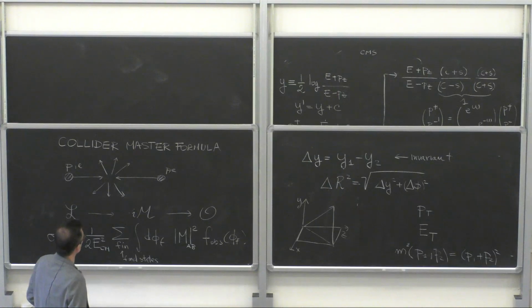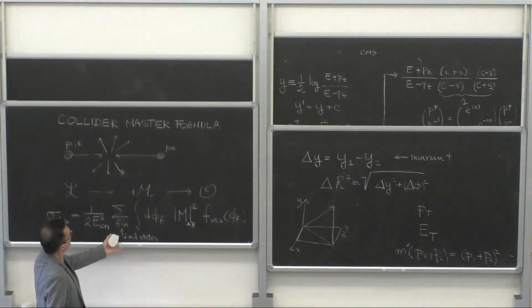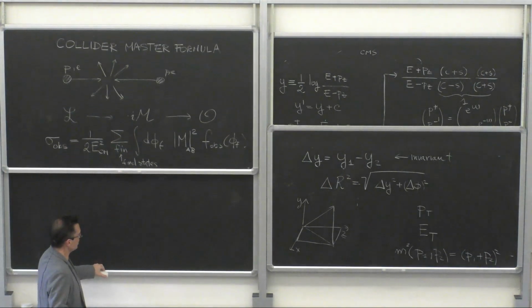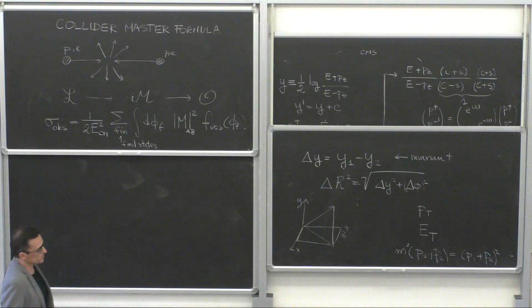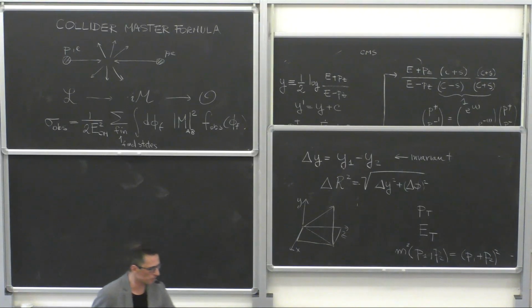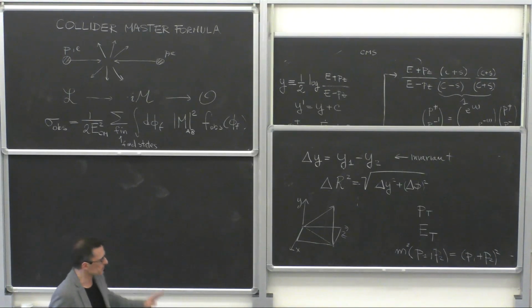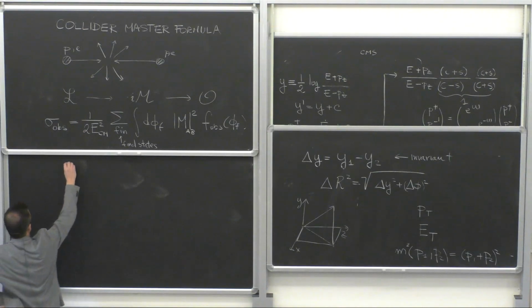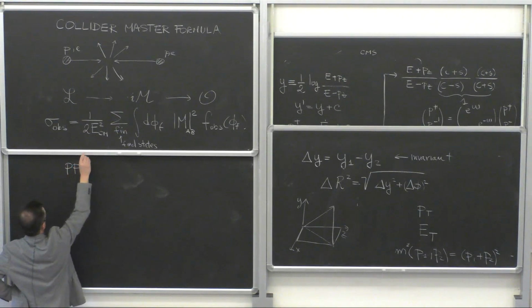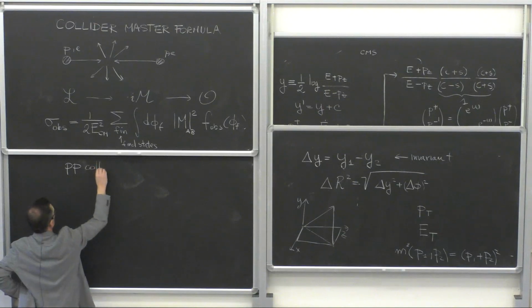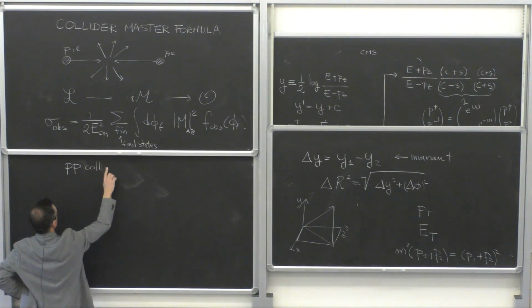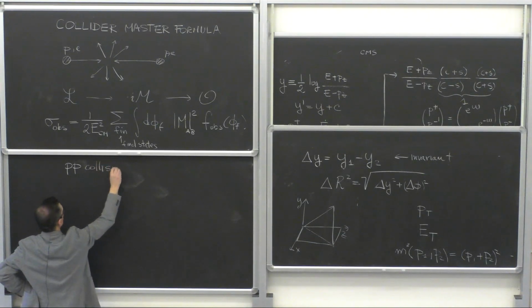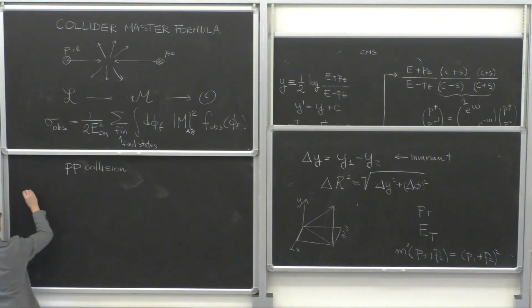So now we take a small advancement. We add a bit of information and we specialize our generic master formula to the pp collision. So this one was general, and now we go to the pp collision, and we rewrite.